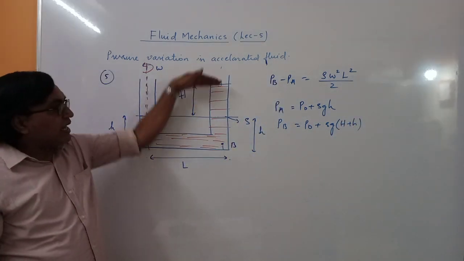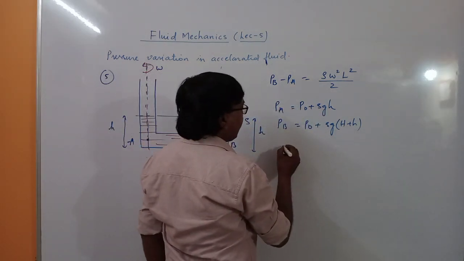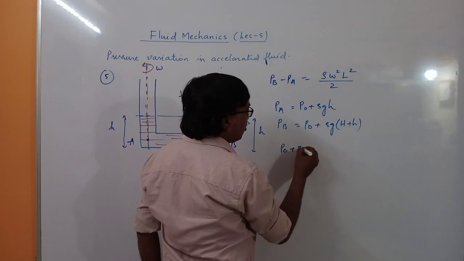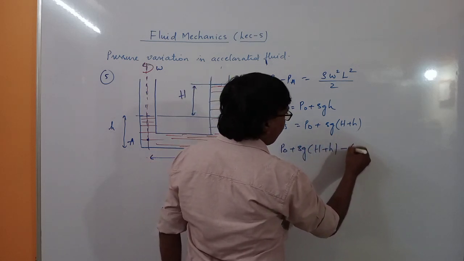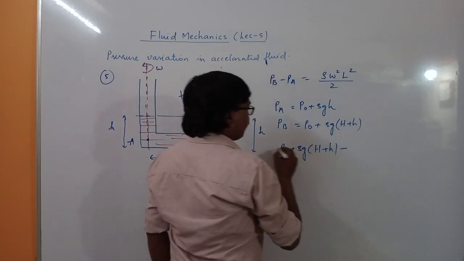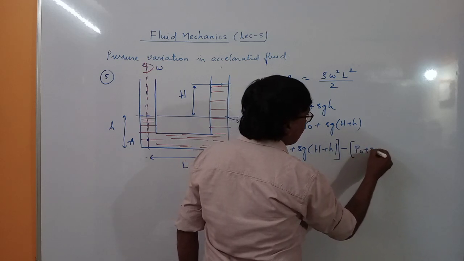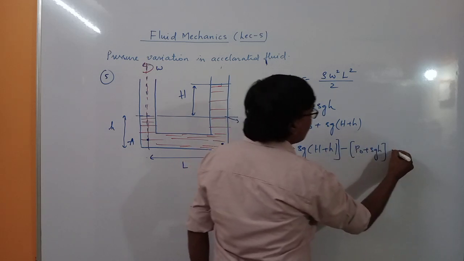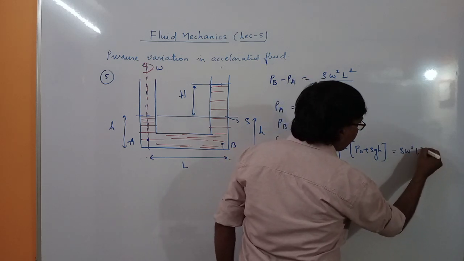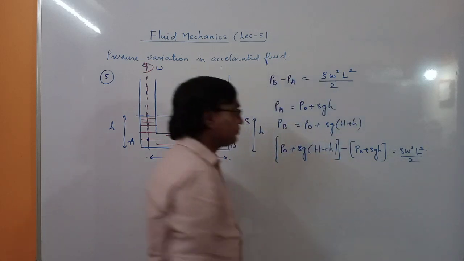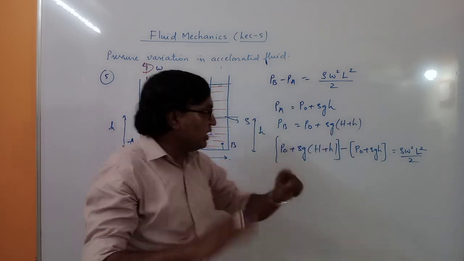At this point, the height of the fluid is this h and capital H. So now PB minus PA, that is P naught plus rho g (H plus h) minus (P naught plus rho g h), should be equal to rho omega square L square by 2. P naught will cancel, rho g small h minus rho g small h will cancel.